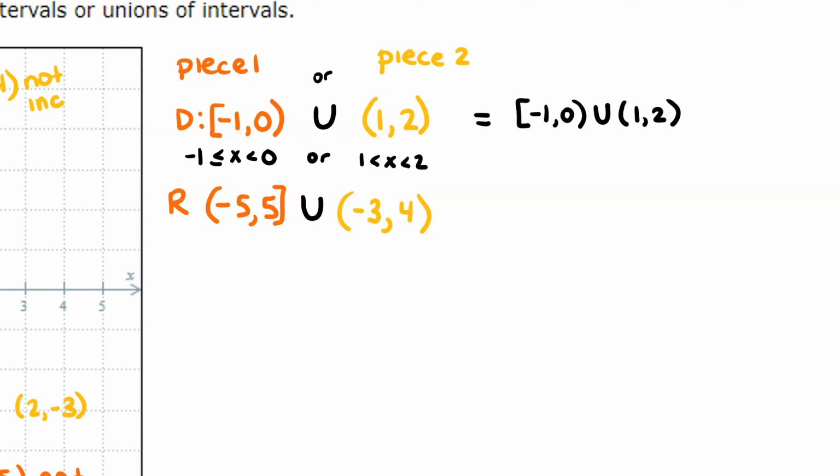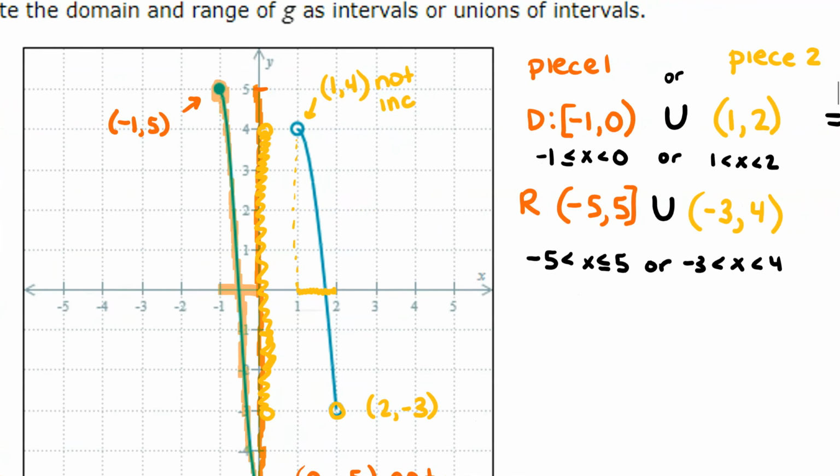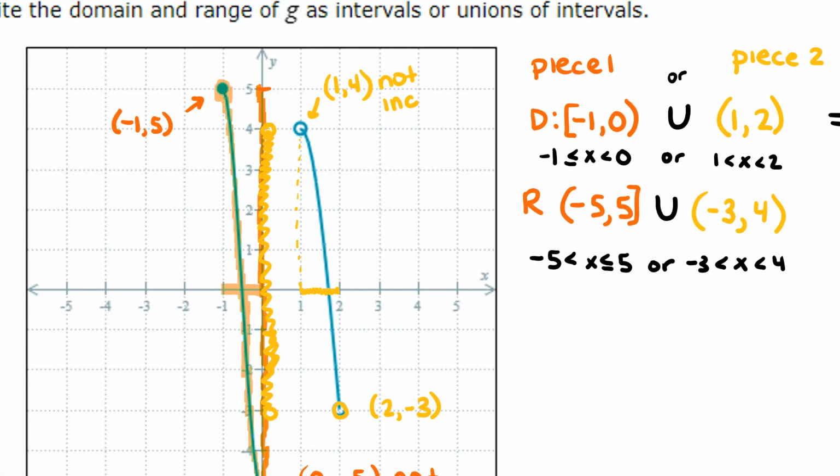But now let's take the union of the ranges. So this orange range says y is in between -5 and 5, or y is in between -3 and 4. You can kind of see this from the graph that "or" is going to be yours, mine, and ours.